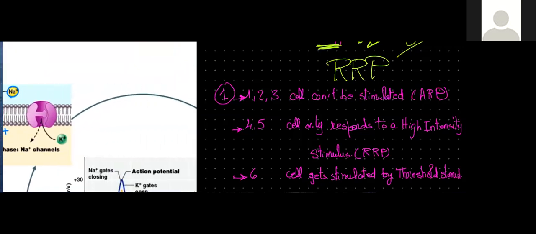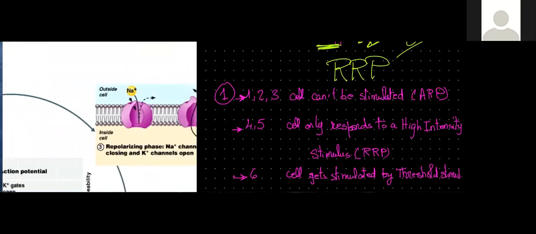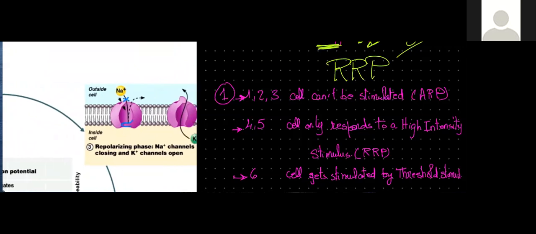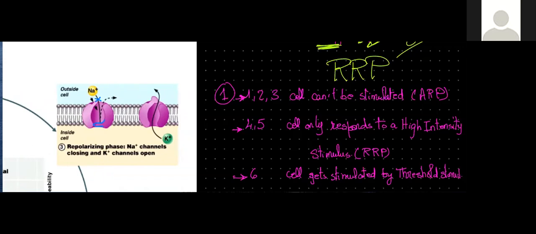After I reach 30 millivolts, what's going to happen? Sodium channels will close, preventing any further influx of sodium. And you're going to be opening the potassium channels, allowing the efflux of potassium. So the potassium now is able to leave the cell.